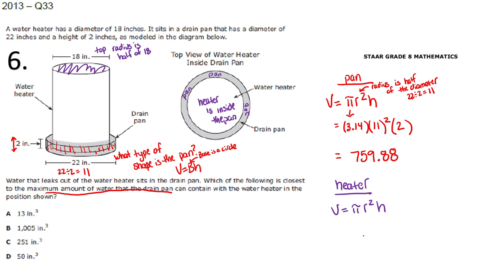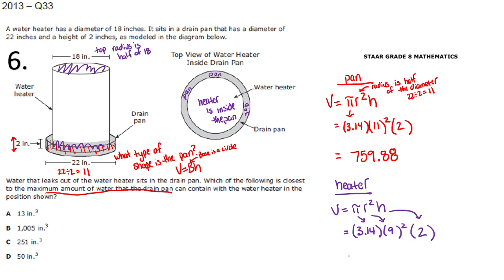So that means we have 3.14 for the pi. The radius is 9 squared. And the height is, again, we're only talking about this section, so the height is 2. So that's probably the hardest part of this question, to figure out what the height of the heater is. We're not talking about the height of the whole heater, only the part that's sitting in the pan.